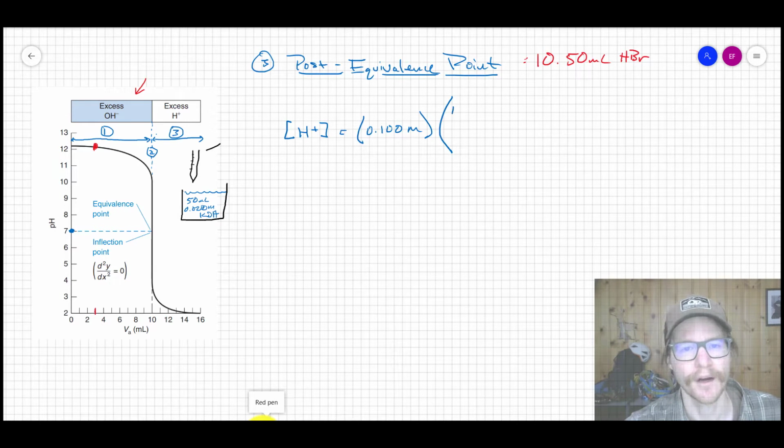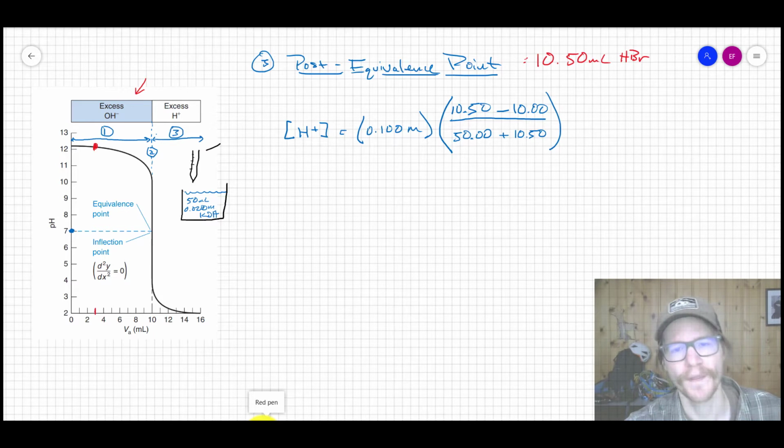So the way we'll compute this will be whatever we add, 10.5, minus the volume at equivalence. That'll give us the excess, which is 0.5 mLs. So that's what we would have done anyway. Divided by whatever our total volume is of the system. So 50 was the original plus the 10.5, which is what we've added.